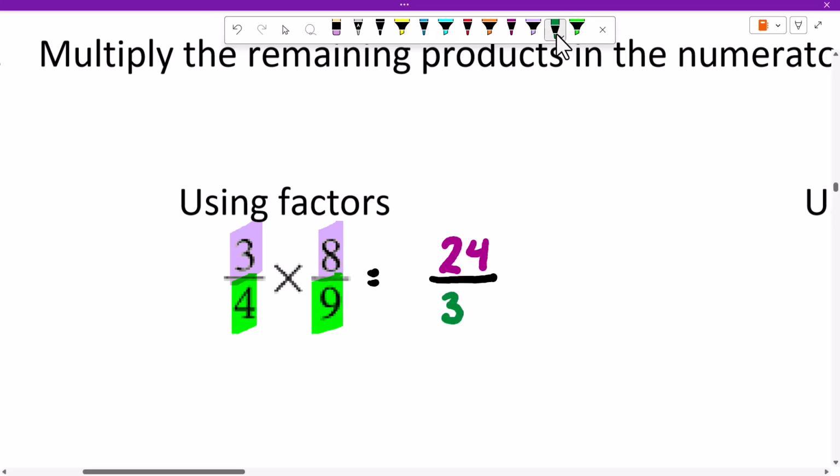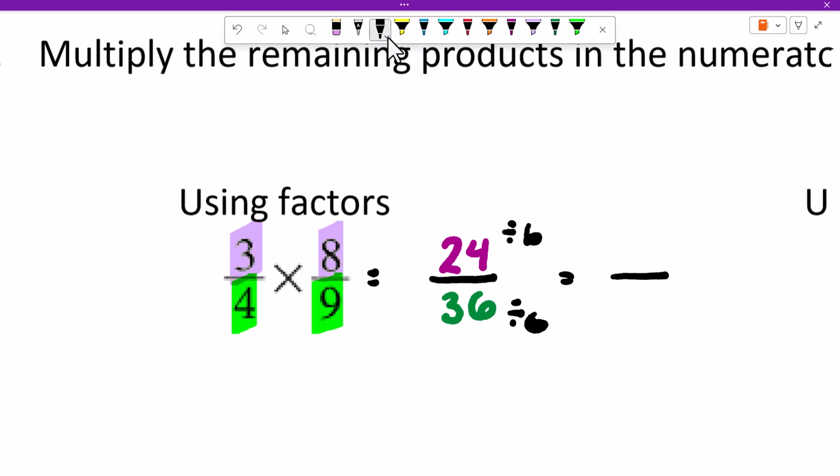We get our answer and then we try to simplify it. And you go, hey, is there numbers that can fit into the top and bottom to make it smaller? What can you divide? 6 works, right? So 6 can fit into the top. So we divide by 6 here and divide by 6.